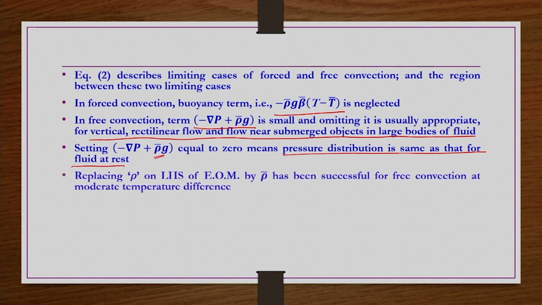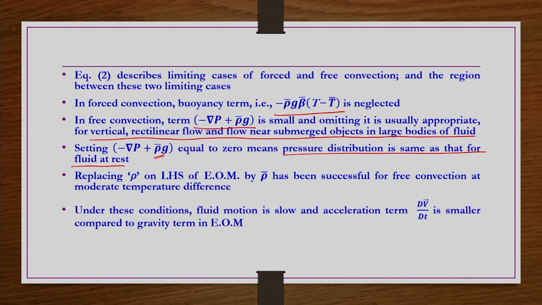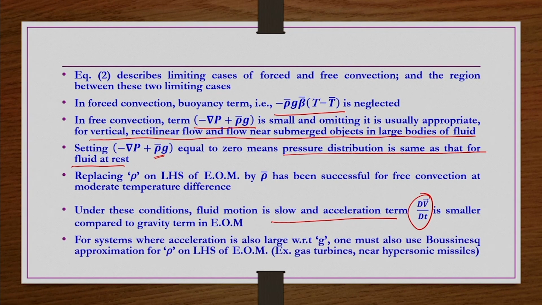Okay. So, replacing rho on the LHS of the equation of motion by rho bar has been successful for free convection at moderate temperature differences. Under these conditions, fluid motion is slow and the acceleration term dv/dt is smaller compared to the gravity term in the equation of motion in general.